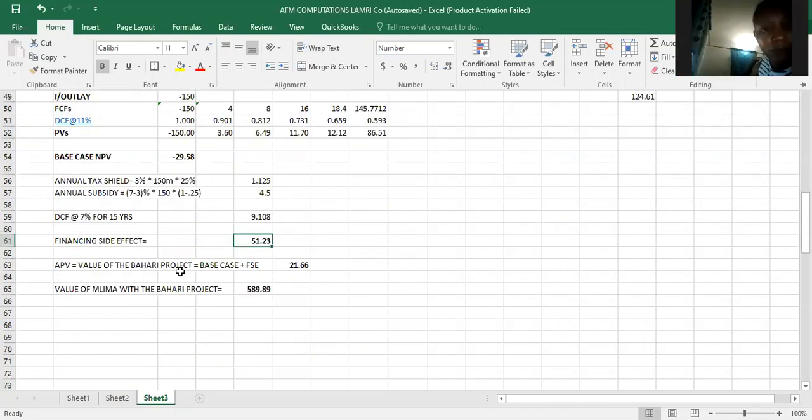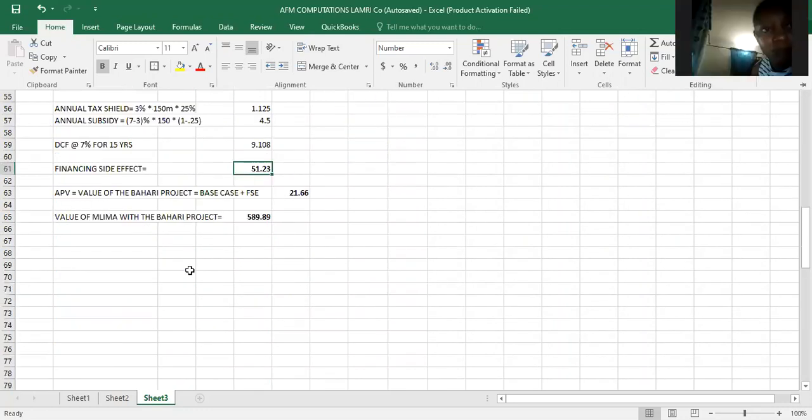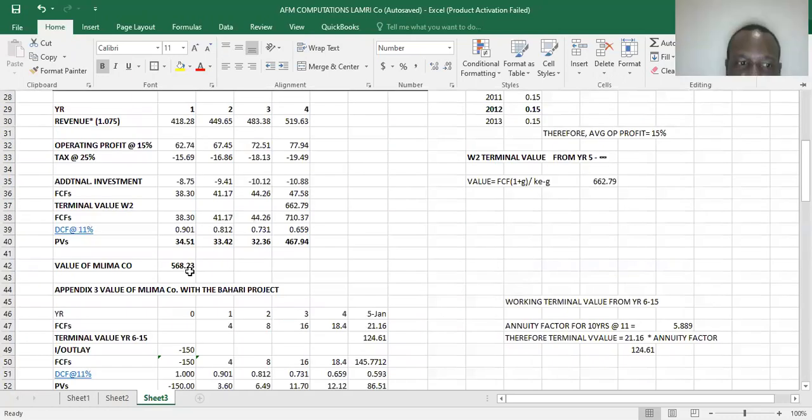Okay, so now, from Appendix 2, the value of Limaco will be 568.23 million, right?